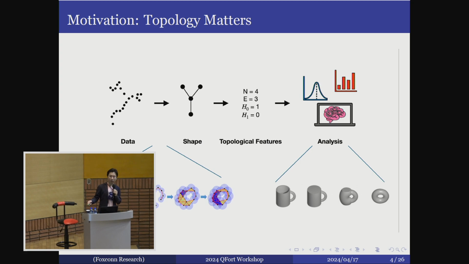The balls surrounding the data points would overlap, and then you can start to form high-dimensional objects. For example, this triangle here exists because three balls touch each other.